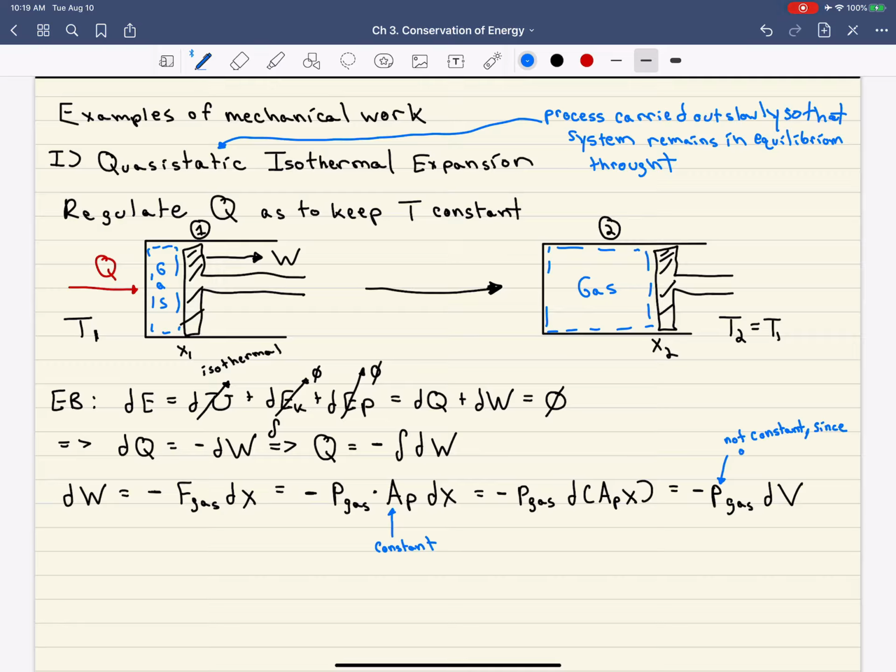But because we're assuming this is a quasi-static system, what we're assuming is that the expansion is going slowly enough that the pressure in our system can be described by using an equilibrium equation of state. So since quasi-static, we can use an equation of state.